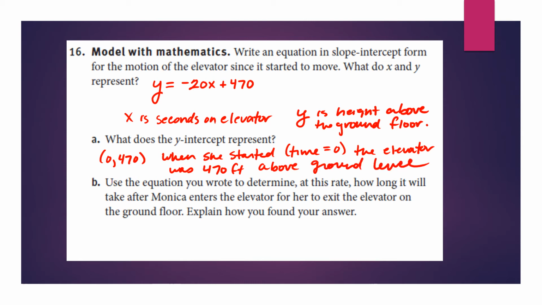Everything has a meaning. Use the equation you wrote to determine, at this rate, how long it will take after Monica enters the elevator for her to exit the elevator on the ground floor. Explain how you found your answer.